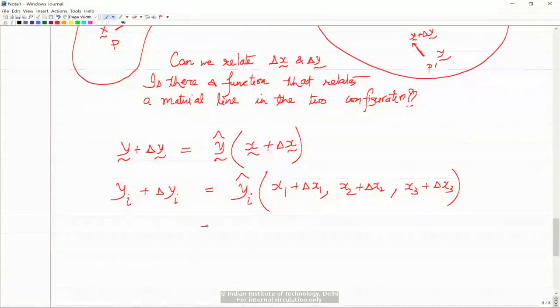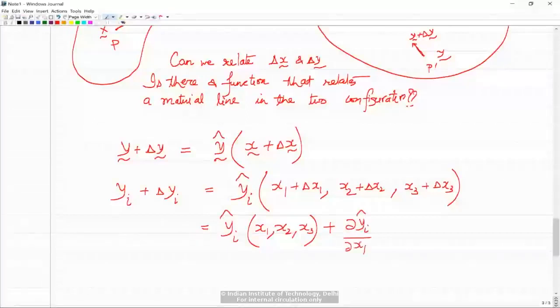So this is going to be yi hat at x1, x2, x3, right? Plus del yi hat over del x1 multiplied with, and you see this derivative is also evaluated at x1, x2, x3.